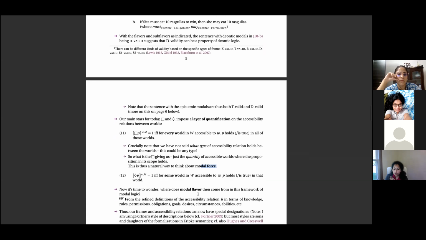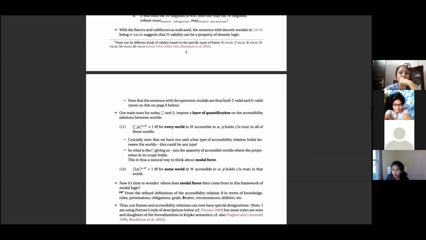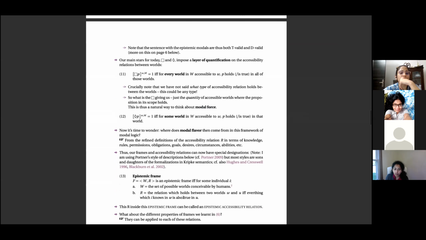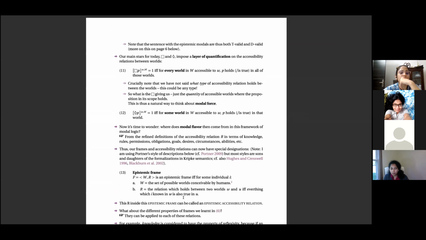Okay, so this is what I have here. You can have accessibility relations in terms of knowledge, rules, permissions, obligations, goals, desires, circumstances, etc. So we can now define an epistemic frame where basically this relation holds between two worlds, based on our knowledge criteria.